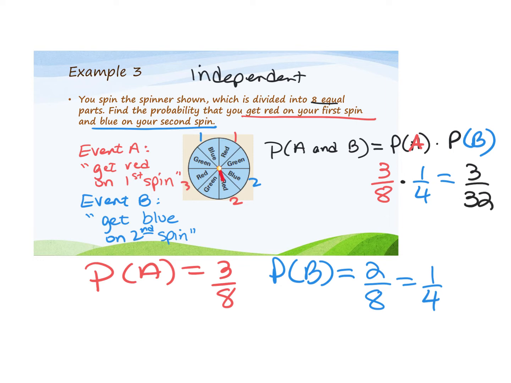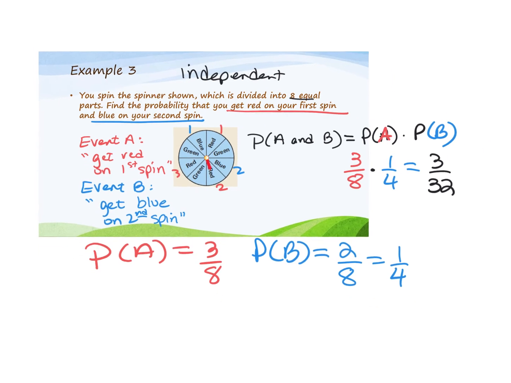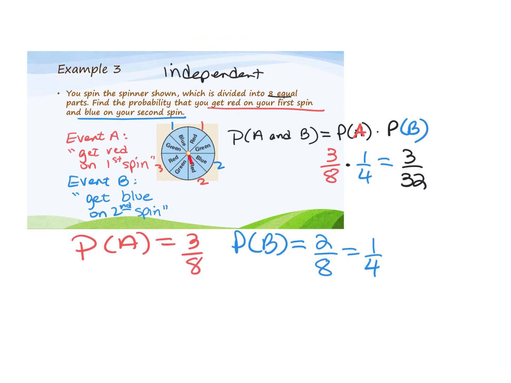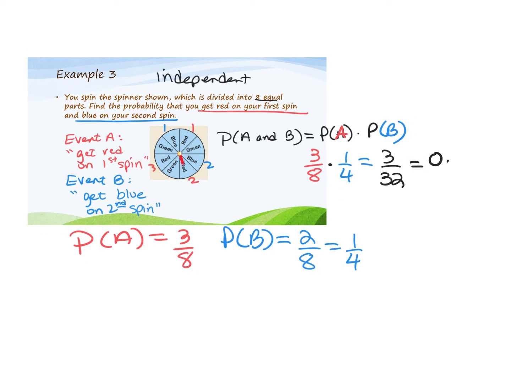If it asks you on Big Ideas to enter it as a fraction, this is your fraction. If it asks for a percent, you can do the proportion or just divide it and then multiply by 100. So as a decimal this turns into 0.094, and if you multiply it by 100 to make it a percent, 9.4%.